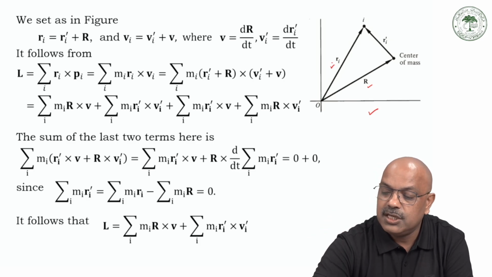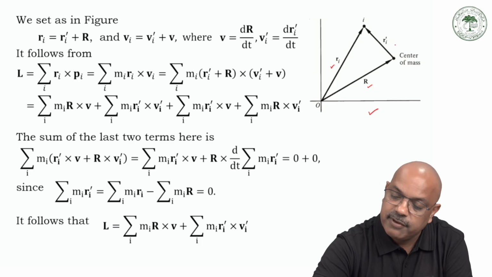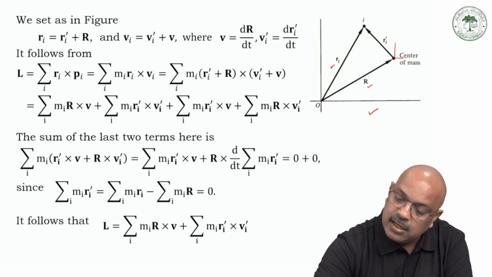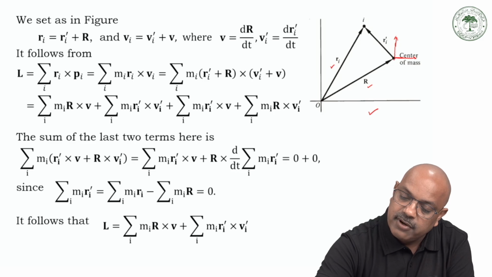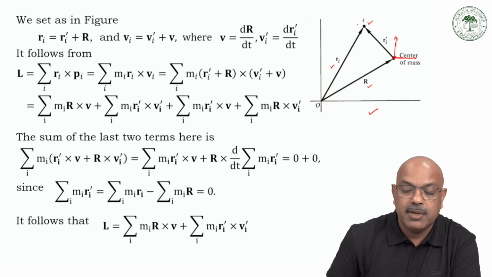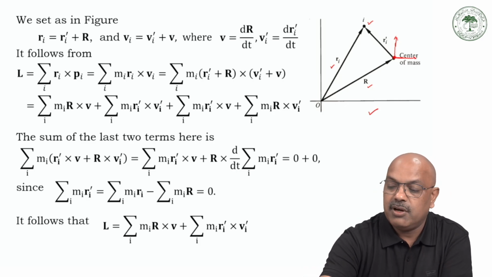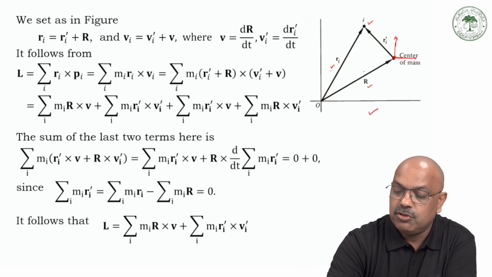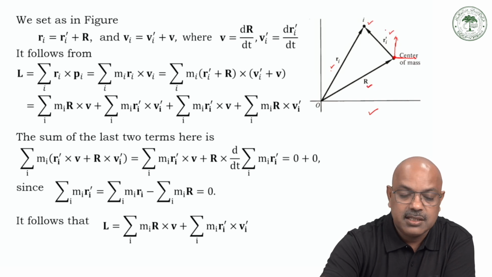From the center of mass point of view, if I fix this axis over here, we can define the position vector of this ith particle with respect to the center of mass, and that is going to be Ri prime. So in vector notation, Ri is the sum of R and Ri prime.